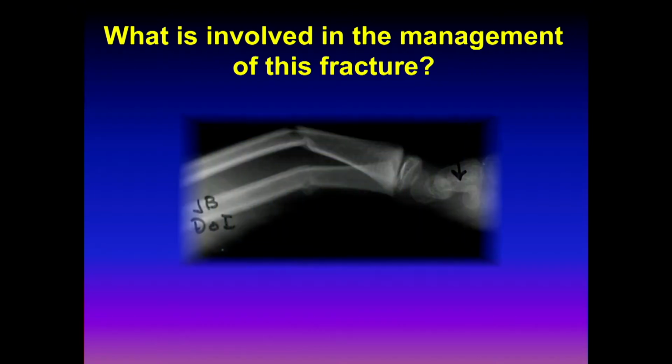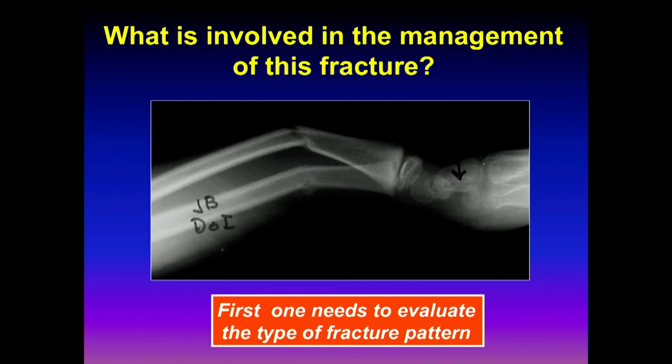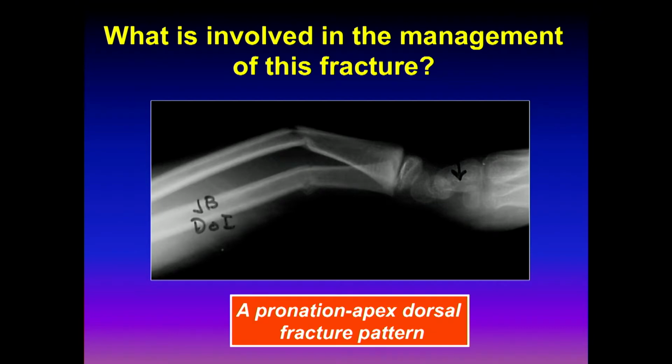Now, what about this one? This is your favorite. You just told me it was apex dorsal, and it's pronated. So how are you going to reduce this one? We should supinate that. That's exactly right. You need to evaluate the type of fracture pattern, and you told me this was an apex dorsal pronation fracture pattern.